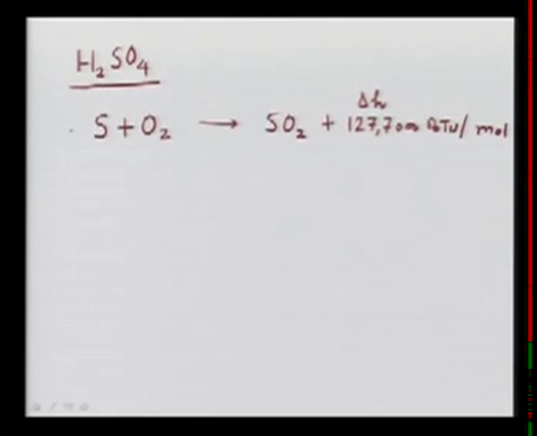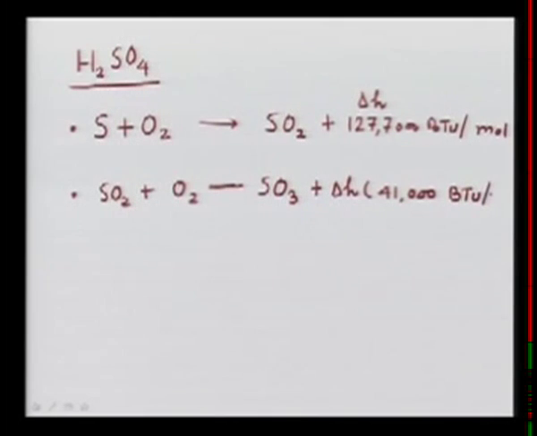The next step is that this SO2 that we produce must be converted into SO3. And this also produces heat, again let's call that delta H, a little less, around 41,000 BTU per mole.